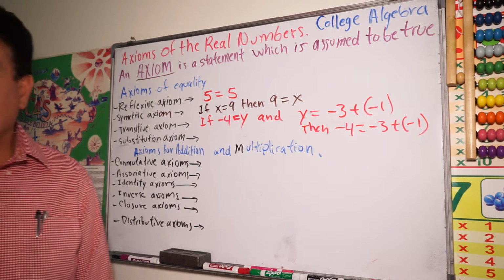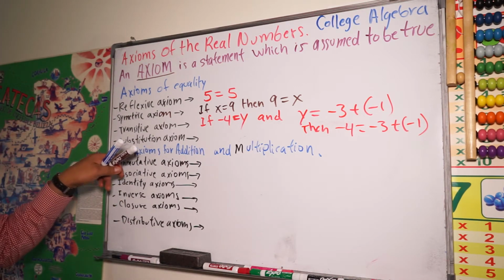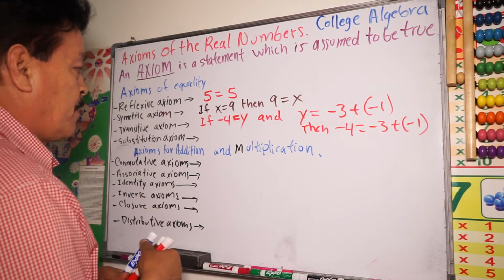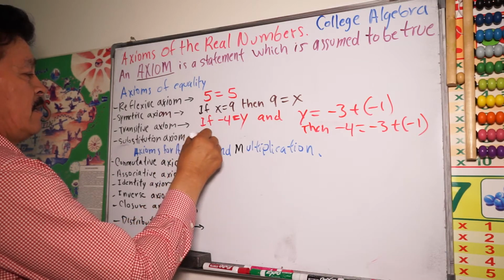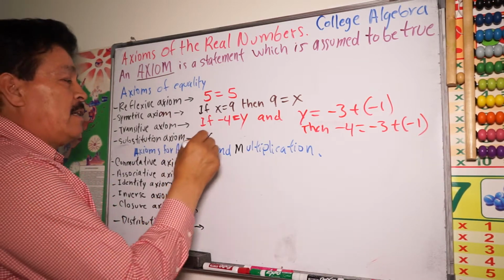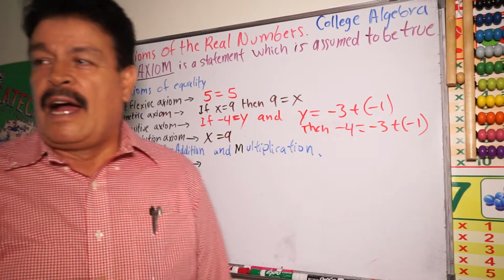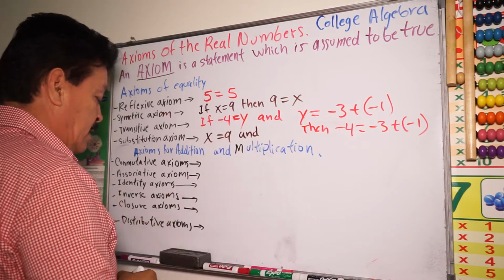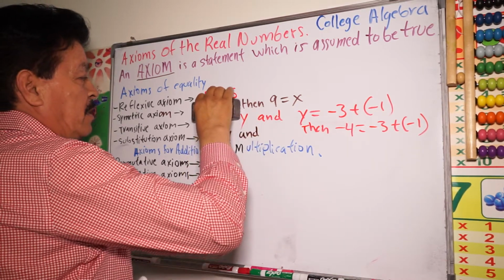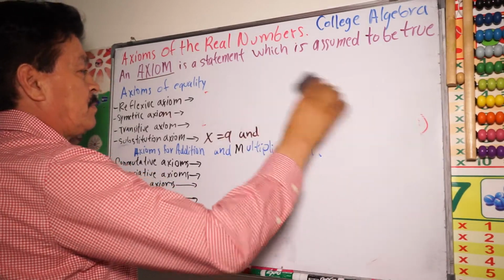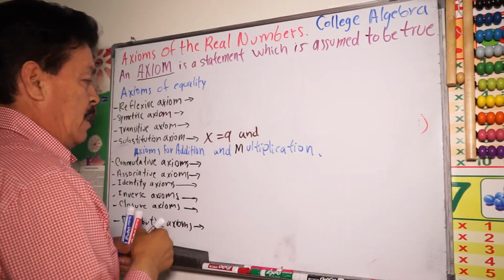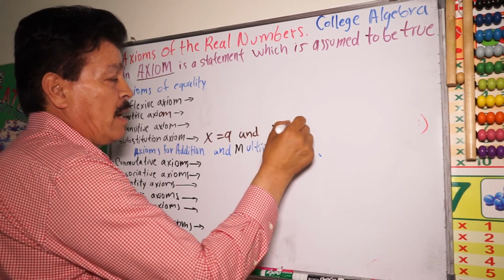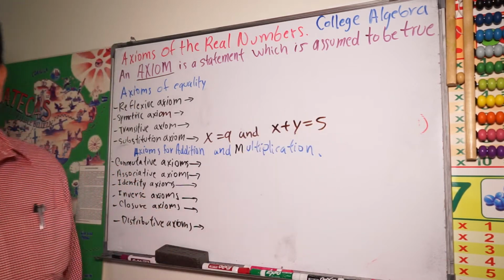Substitution axiom. For example, you write x equals 9, and x plus y equals 5. Then 9 plus y equals 5.